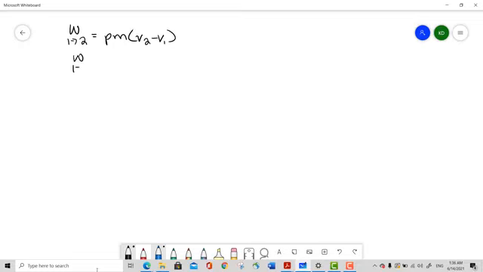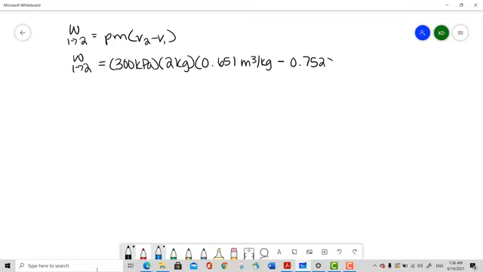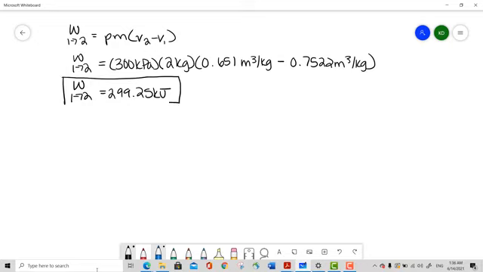And then we've got work 1 to 2, and then we've got 300 kilopascals, 2 kilograms. Remember that was given, 0.651 meters cubed per kilogram minus 0.7522 meters cubed per kilogram. And then all of that equals 299.25 kilojoules. Okay, so that's your answer. And then what do we know about this? It's positive.